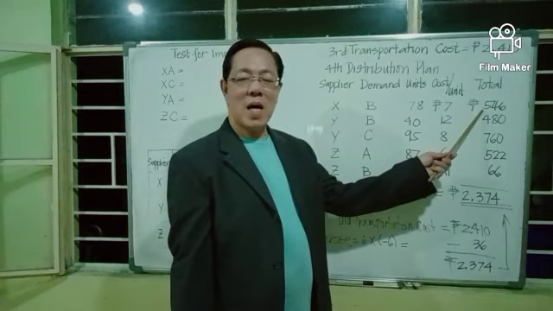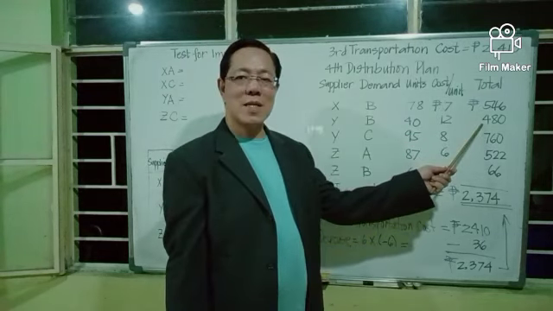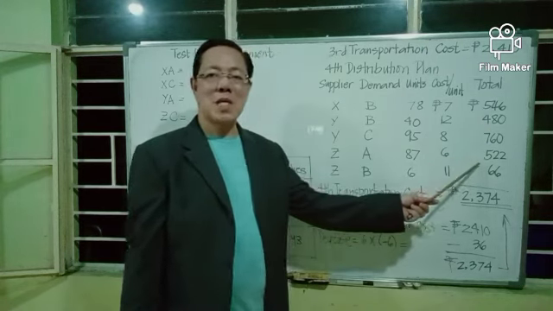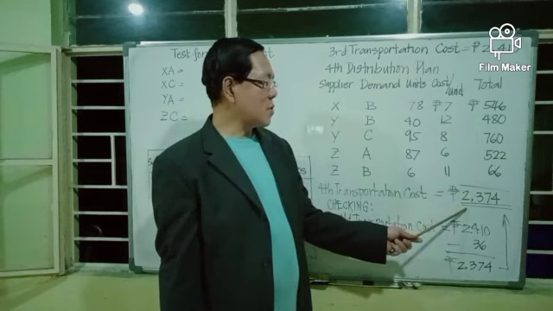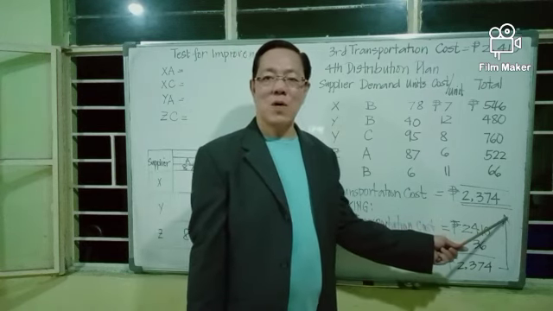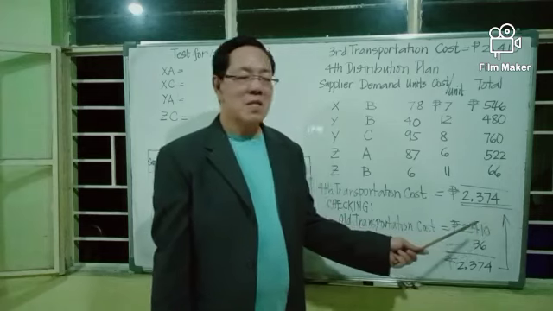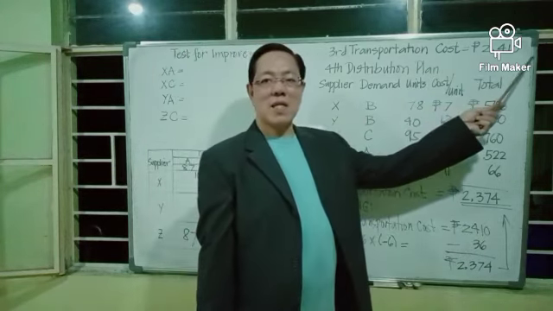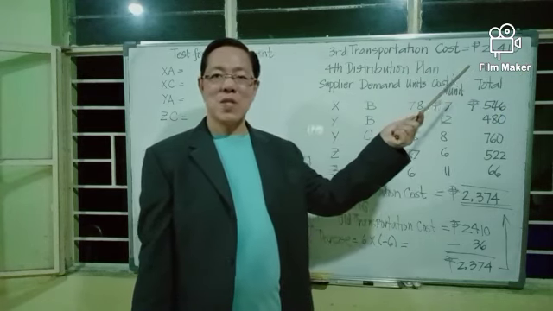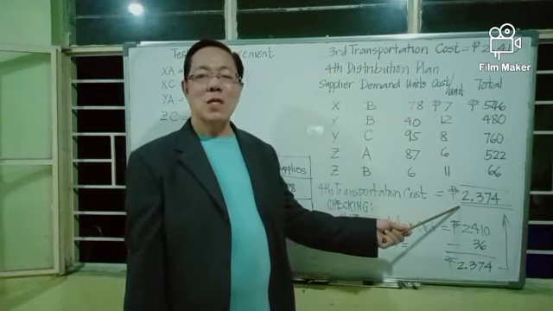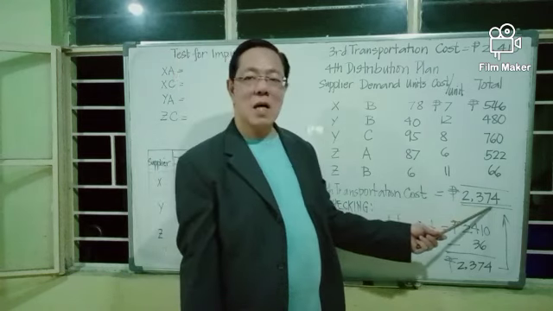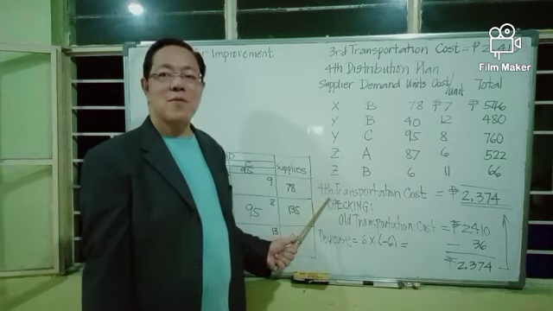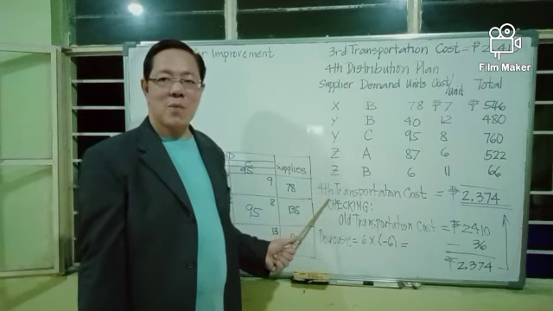We have 546 plus 480 plus 760 plus 522 plus 66 equals 2,374 pesos. Now you can see that the transportation cost of 2,410 corresponding to the third transportation table decreased to 2,374 pesos for the fourth transportation table.